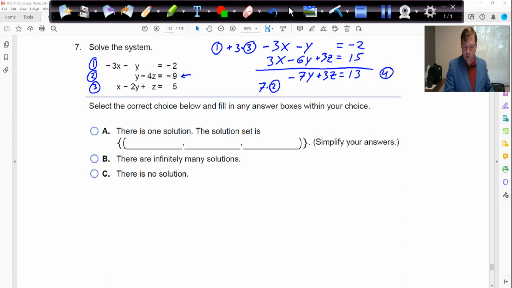So 7 times y would be 7y. Minus 4 times 7 would be minus 28z equals minus 63. And when we add that, the y's will cancel. This will be negative 25z equals negative 50. Therefore, z is equal to 2.